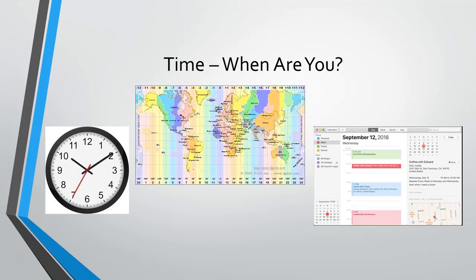Like location, time is an additional factor that's primarily used to control access, whether it is preventing access outside of business hours, performing extra tracking for late-night users, or allowing only limited functionality at particular times of day.